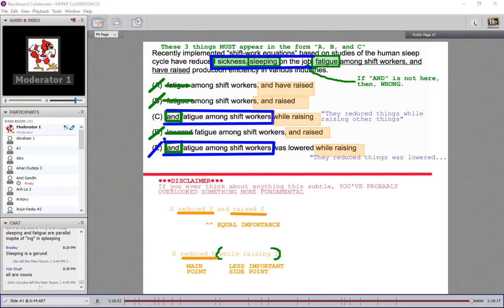This is precisely what's going on here, because these are shift work equations. They are not productivity or throughput equations. So it is absolutely not equally important to help the shift workers and also increase company profits. Heck no, it's not.